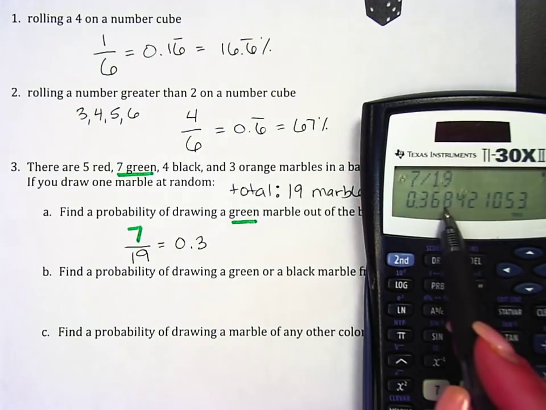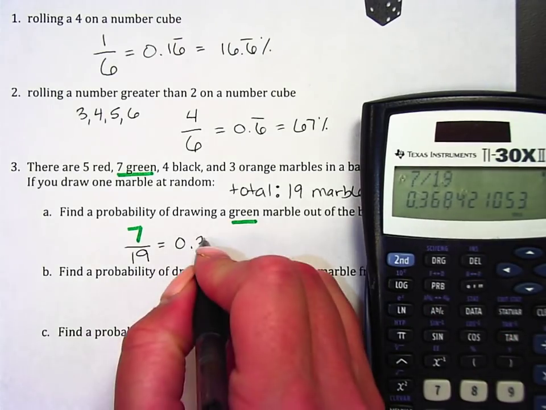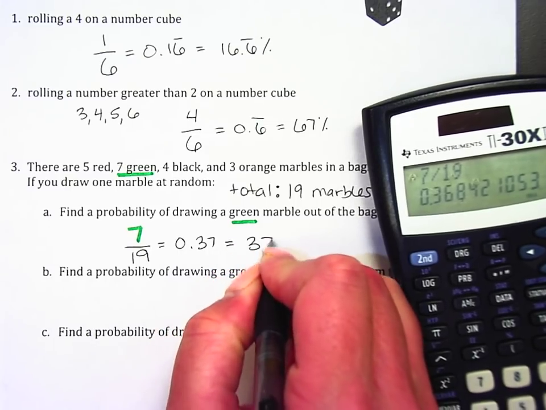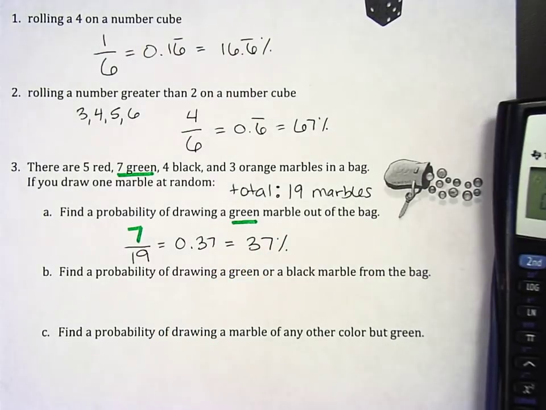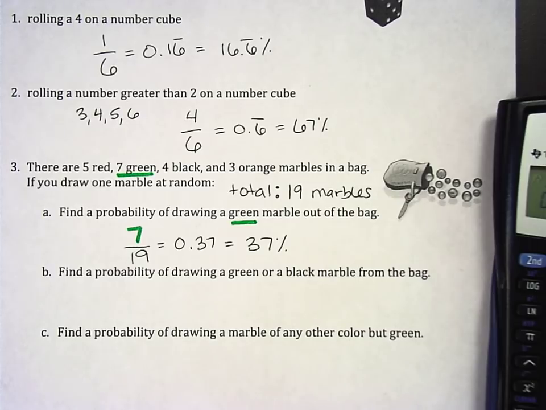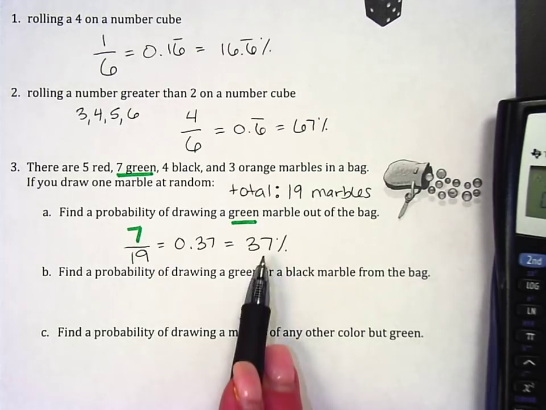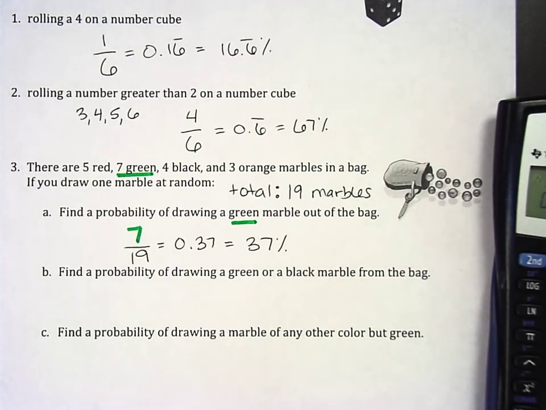I would round up my 6 to a 7, and I would say about 37%. Again, this is an approximation. We're not actually doing the trial for experimental probability. Theoretical is that if I did this enough, hopefully I would get something close to 37%.